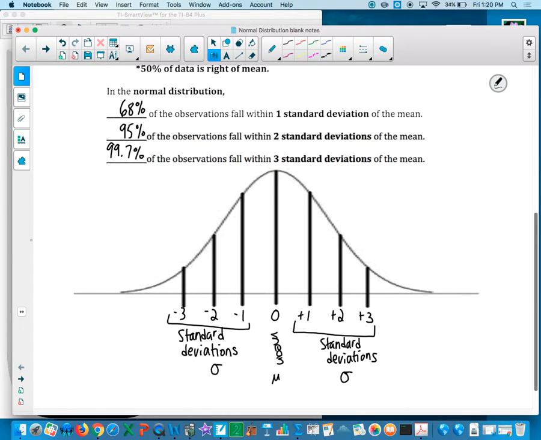Right, and then the percentage breakdown, if we go 1 standard deviation to the left and right, and actually on top, I'm going to add in some words. This should say centered about the mean.